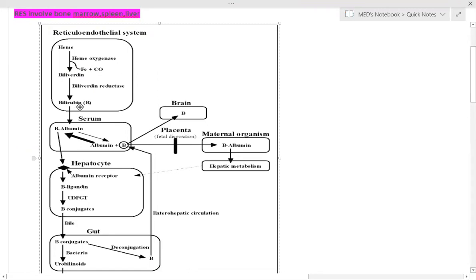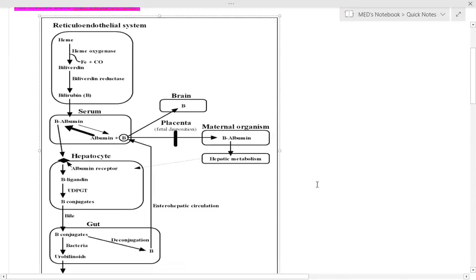This bilirubin in the reticuloendothelial system now comes to the blood serum. In the blood serum, what do we have? Blood proteins, right? One of the blood proteins is albumin, which is really very important. It combines with the bilirubin and transports it to the hepatocyte, that is the liver cell.